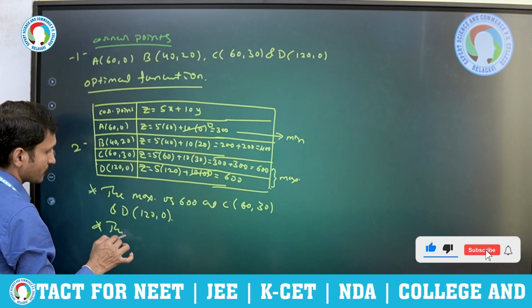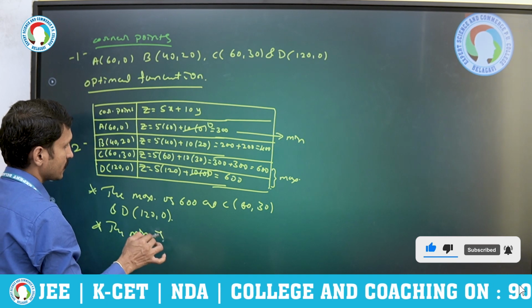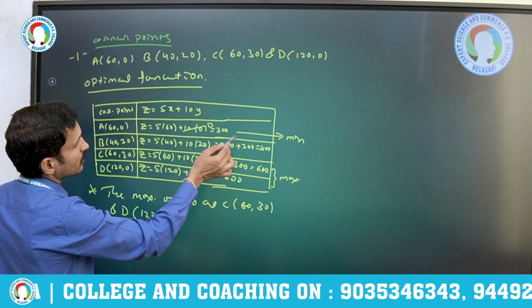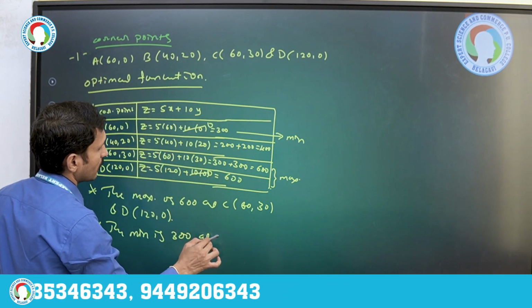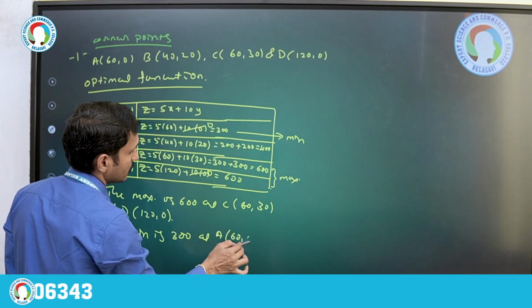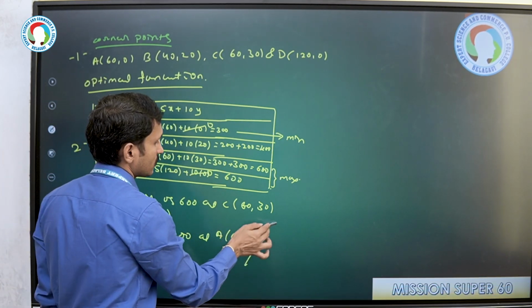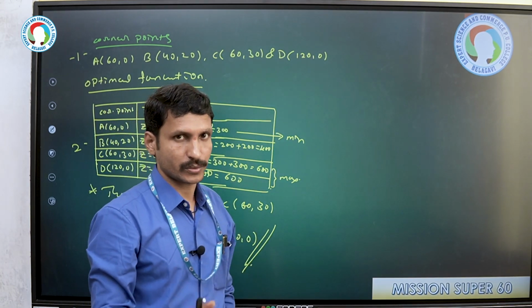The minimum is 300 at A of 60 comma 0. So this chapter is closed. Thank you.